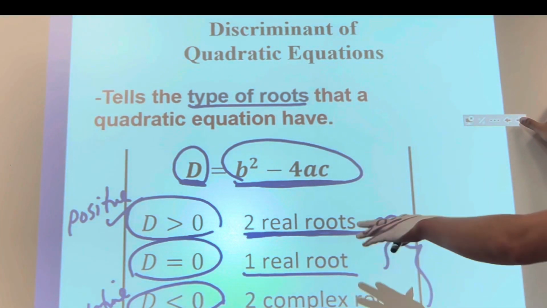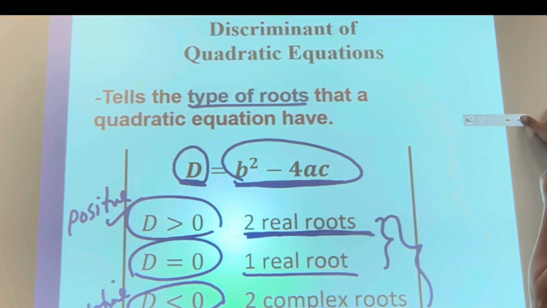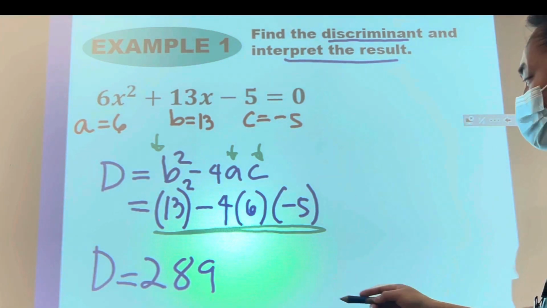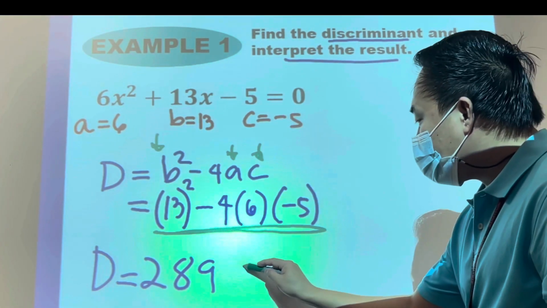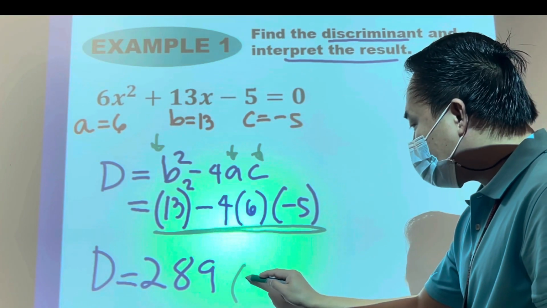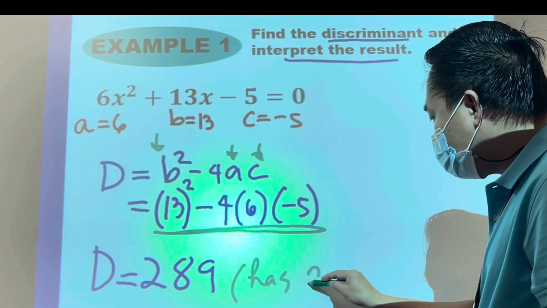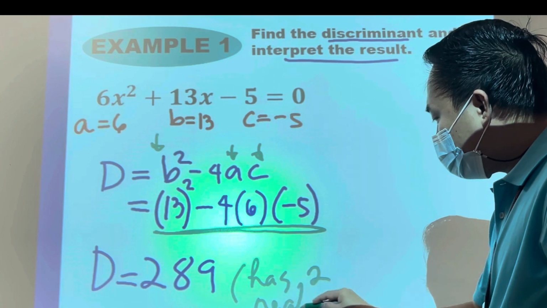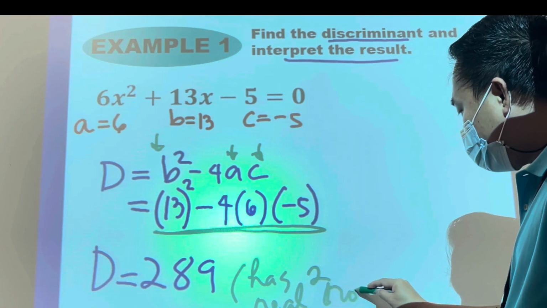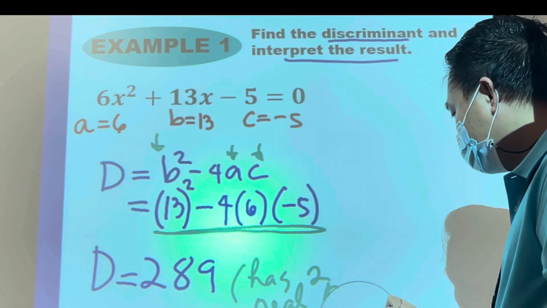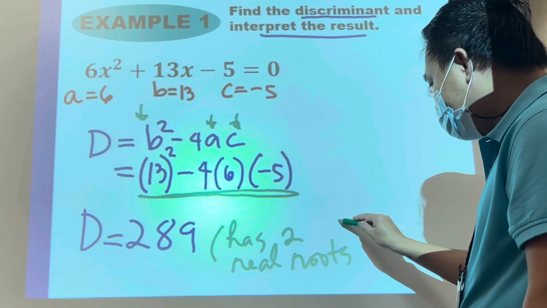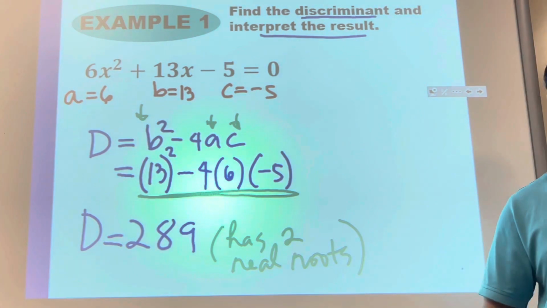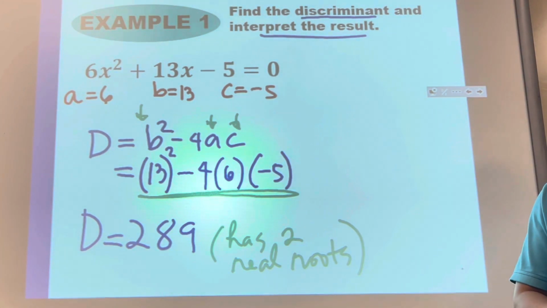Since it's positive, the type of roots that this equation has is 2 real roots. It has 2 real roots. That's the description.